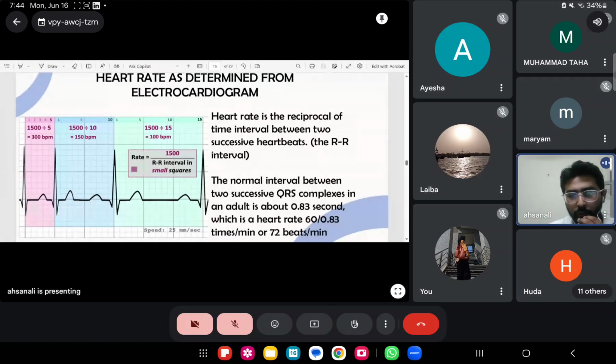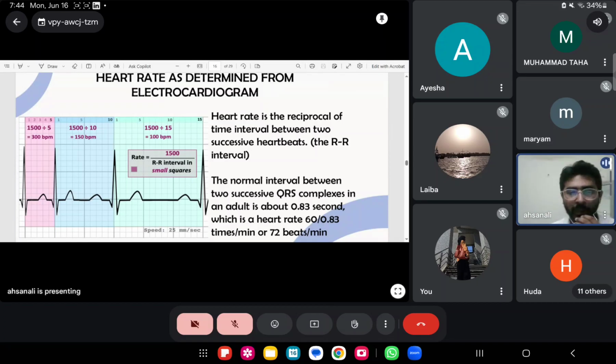The second method, which you see in this slide, requires calculation. Most of the time in an exam setting you don't have time, and if the rhythm is regular, just count the large boxes, which gives an accurate answer. But if you have time, access to a calculator, or are good at mathematics, you can use this method.